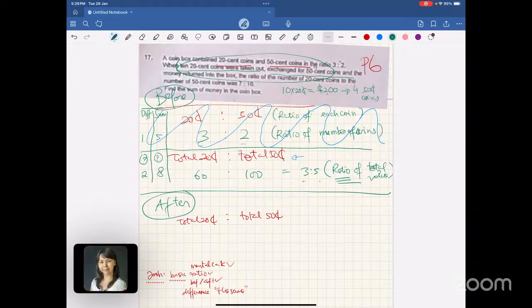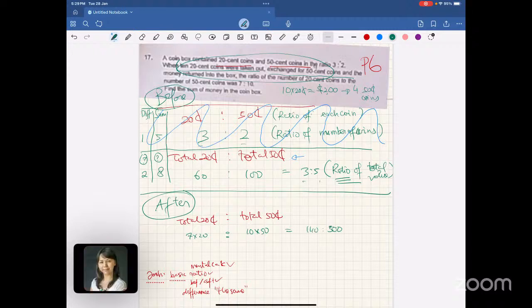Now, how do you do the total one? Very simple. It's 7 times 20. Total one ratio, this one is 10 times 50. Does that make any sense? Then you can calculate. You tell me, what is it? The last one is 500. The first one is 140.